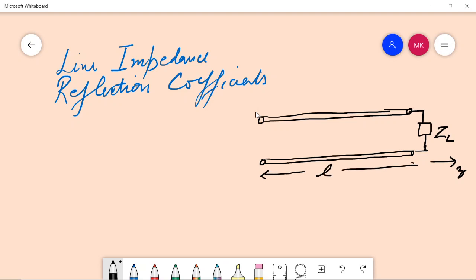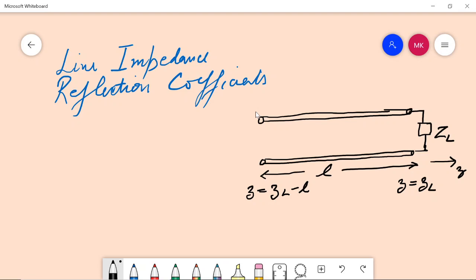So here you have the transmission line length L, and this is a coordinate Z equals ZL. That is the location where the load is connected to the end point of the transmission line, and this point now will become ZL minus this length L. Now for simplicity, let us make it 0.